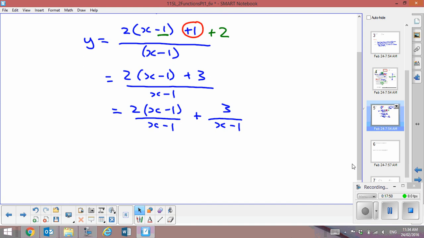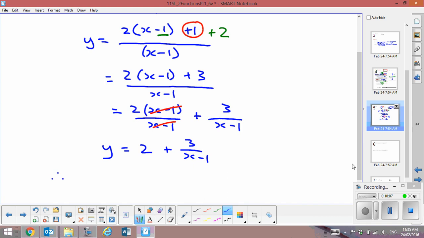And you can see that we can now cancel this, because that's the same in the numerator and denominator. So this is written as 2 plus 3 over x minus 1. So it's the same equation, just written differently.